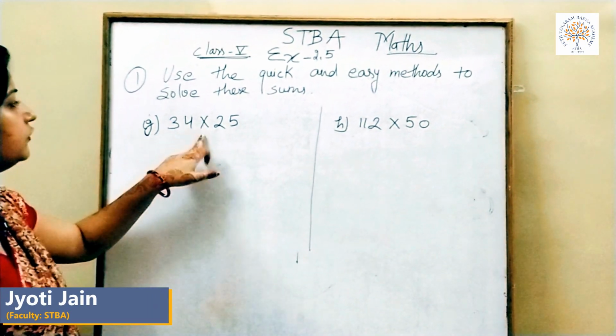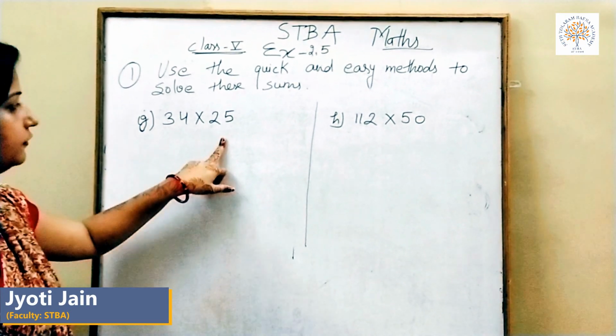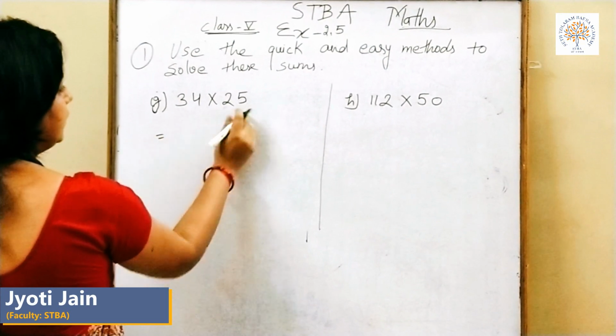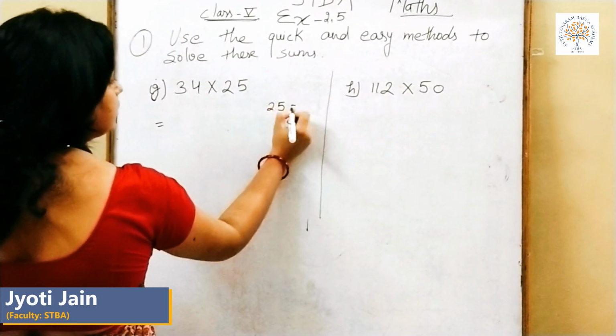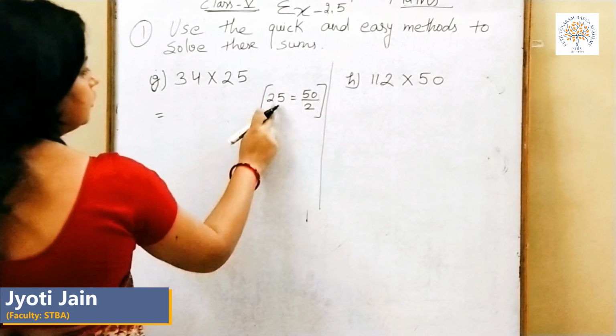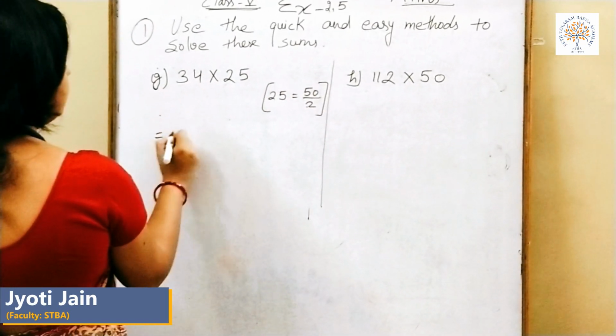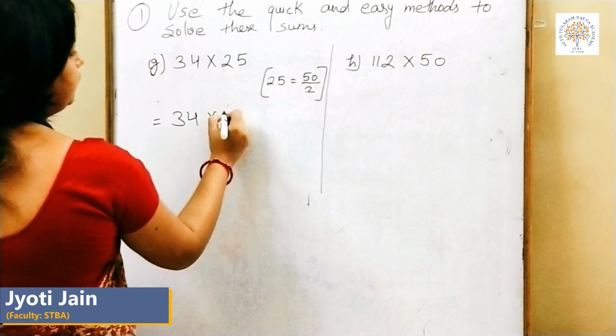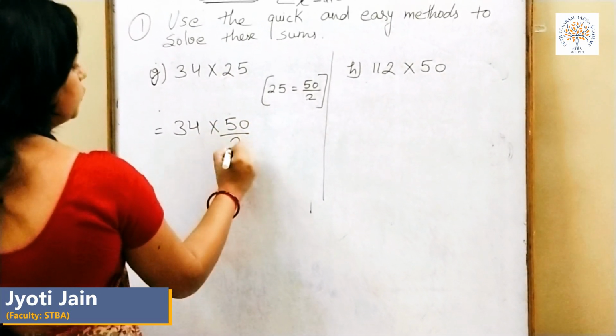Next is 34 multiplied by 25. So when we multiply any number by 25, we can write 25 as 50 divided by 2. Okay, 25 is equal to 50 divided by 2. So we will replace it. So instead of 25, we will write 50 by 2.